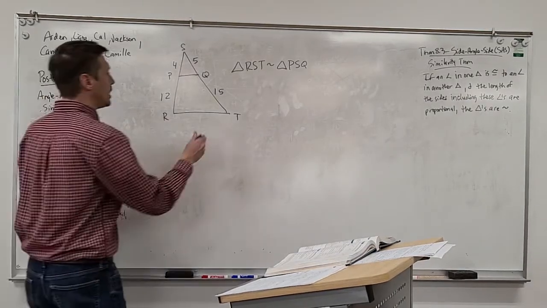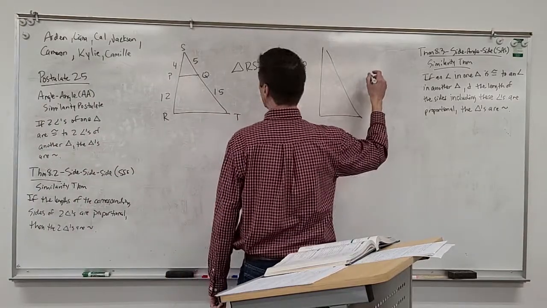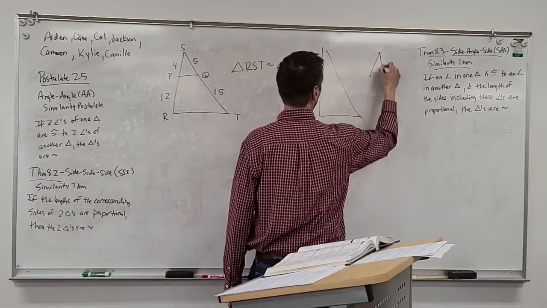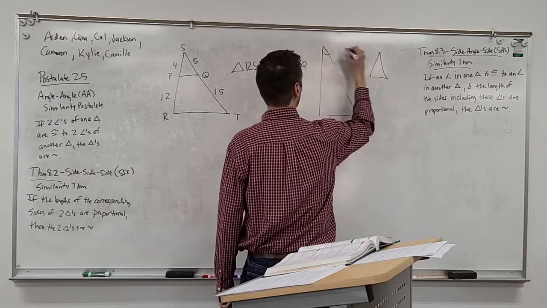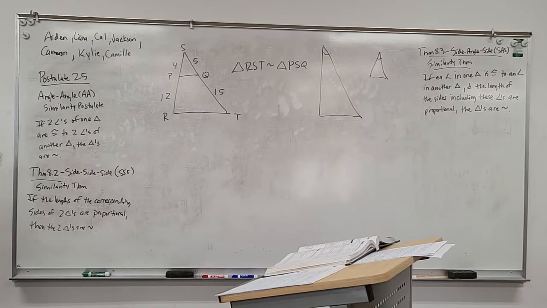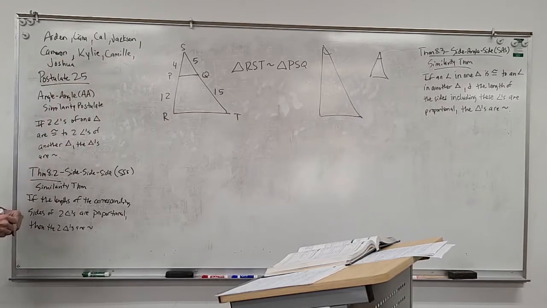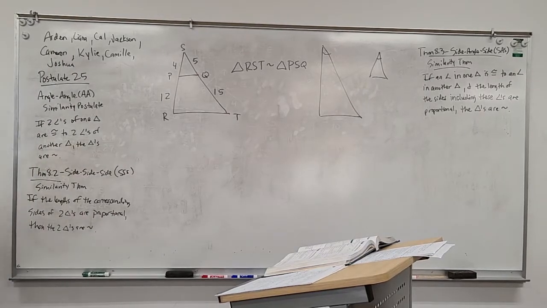This angle, if we draw a big triangle like this, and then we draw a little triangle like this, these angles are congruent. Right? Excellent, Joshua. Those angles are congruent, and so now that opens up the possibility of using this theorem, because this involves angles.